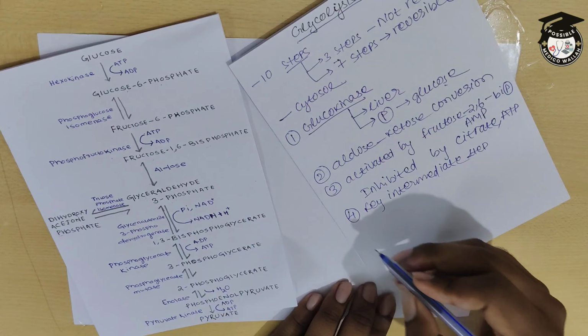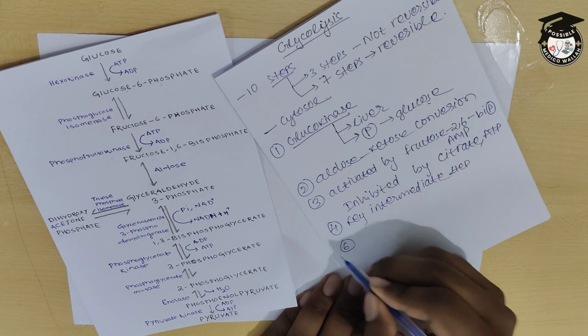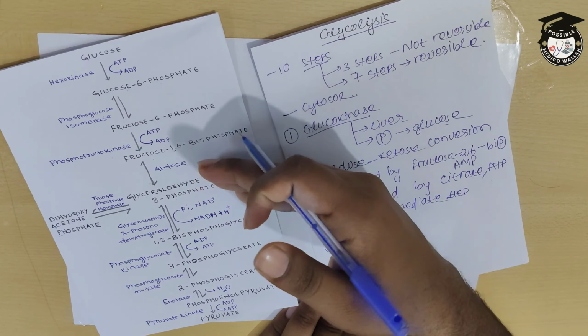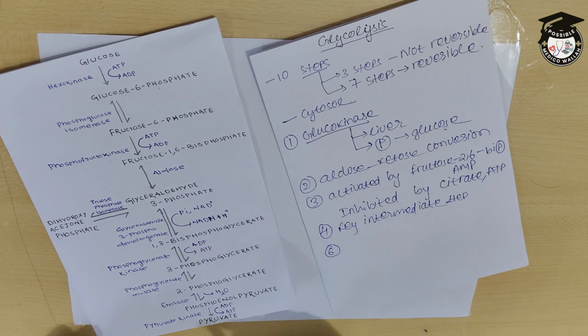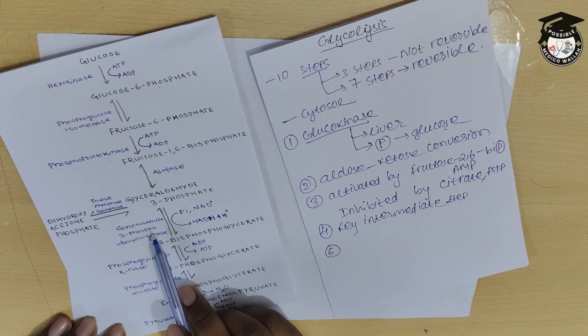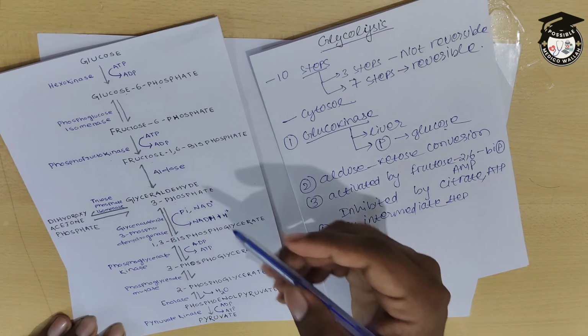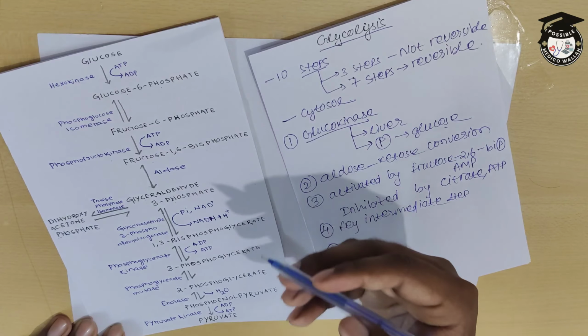Come to the sixth step. In the sixth step, glyceraldehyde 3-phosphate is converted to 1,3-bisphosphoglycerate by glyceraldehyde 3-phosphate dehydrogenase, using NAD+, which is the oxidizing agent.